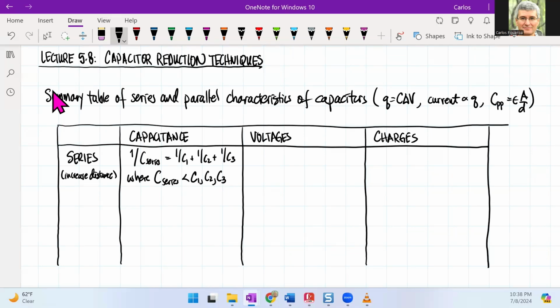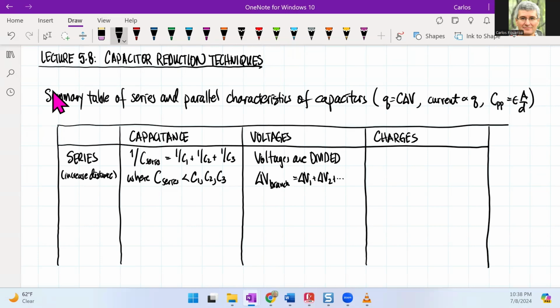And then voltages, when they're in series here, we then say that voltages are divided. And so what we're going to see here is that the voltage of a branch is then going to be the sum of the voltages, depending on how many they are.